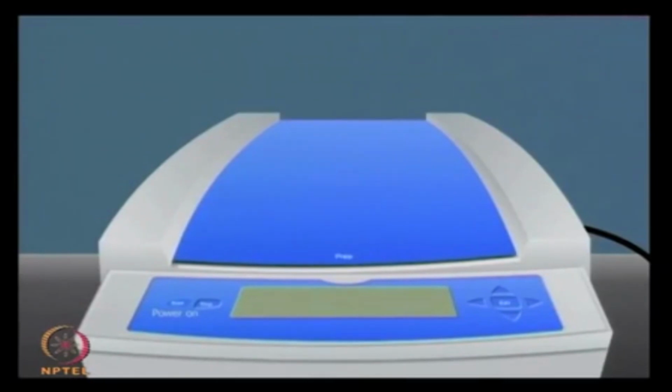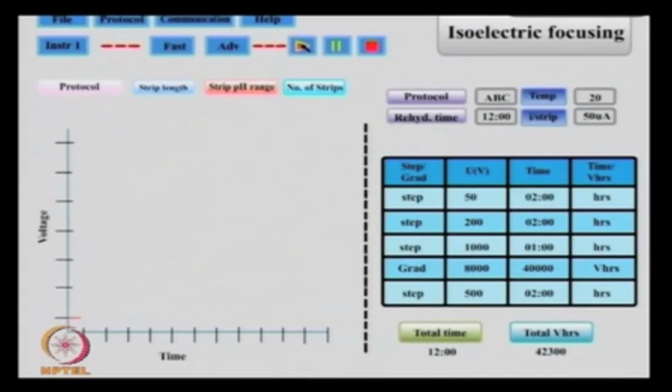You can input the desired protocol on the instrument software along with the details of strip length, pH range, number of strips, etc., and start the focusing process.